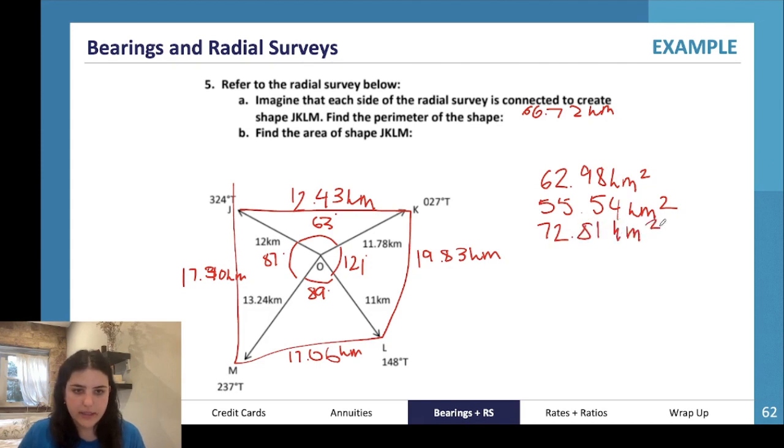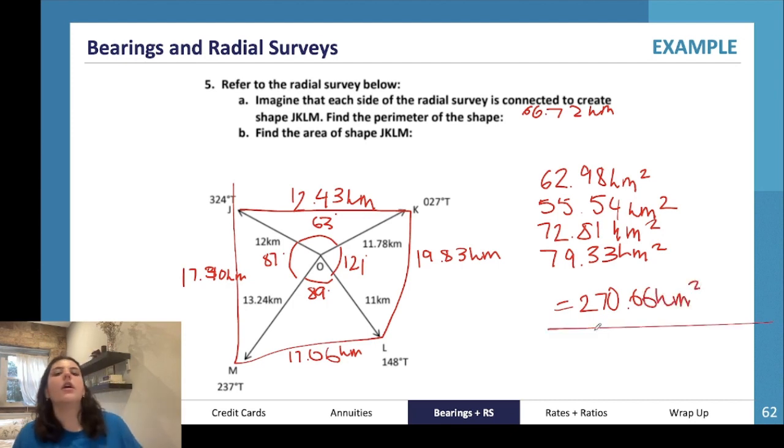And the final one is half times 13.24 times 12 times sine 87. And that is 79.33 kilometers squared. So we add all those together, and we get 270.66 kilometers squared.